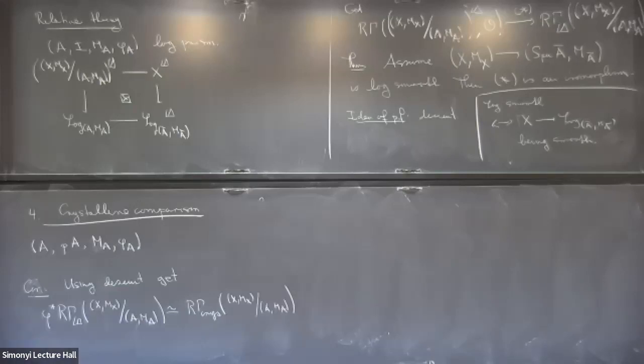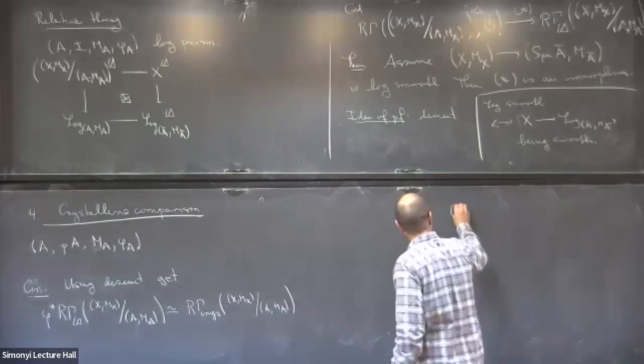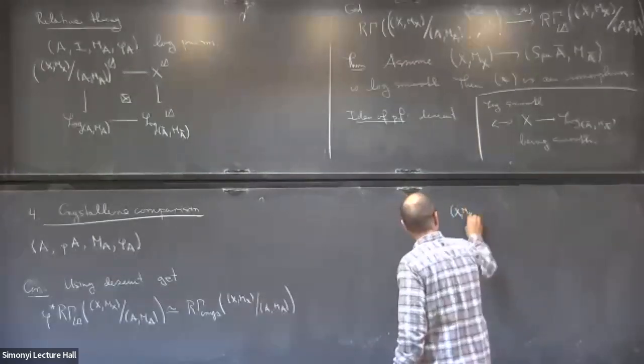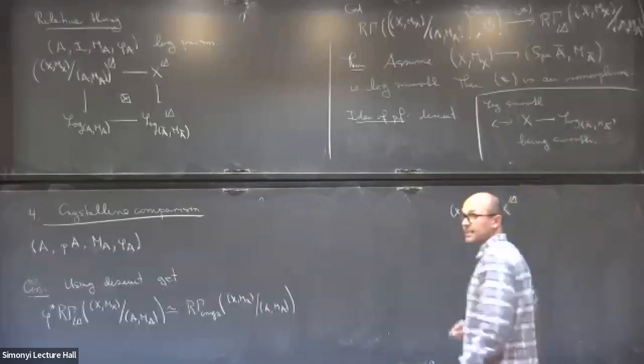I haven't thought about that, but I think that's more about the map from the log prismatic side to the underlying side. The short answer is I don't know, but I think that would be more about investigating that map.